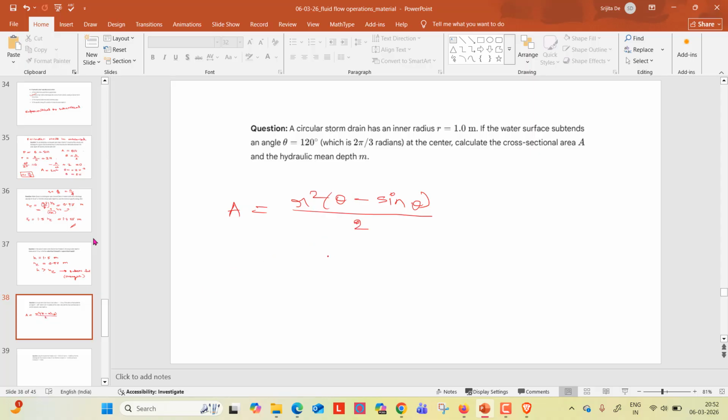So theta we know, theta is 120 degree, which is 2 pi by 3 radian obviously. So it will be 1 into, theta value should be in radian.